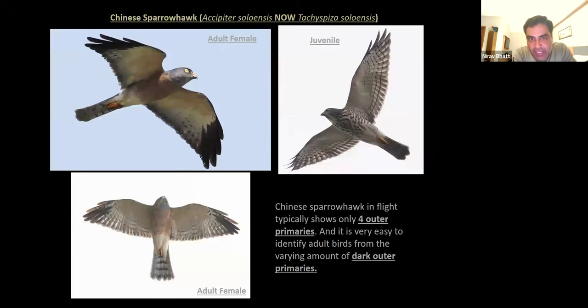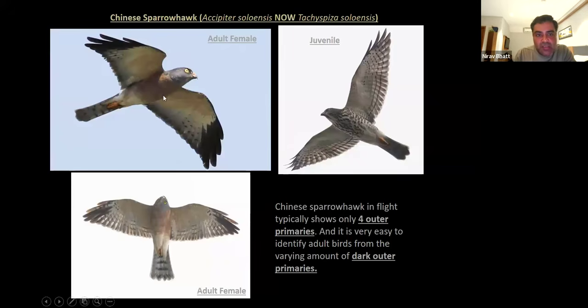In flight, Chinese Sparrowhawk, especially the adults, are very easy to identify because many birds, not all, okay, but many birds have a very strong black color on the entire primaries. This is the only bird found in India with this black on the outer primaries.